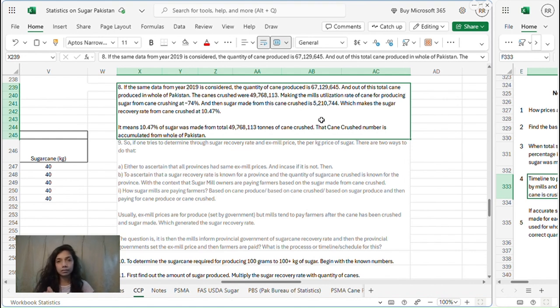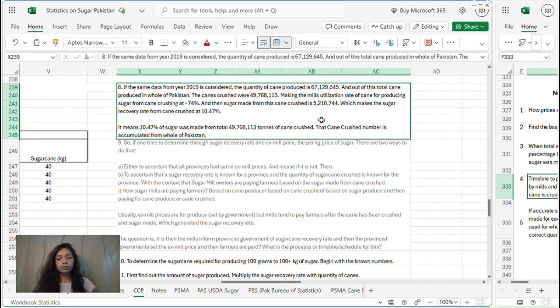But the correct reference to identify the sugar recovery rate would always be the second point. So this is sugarcane produced, and the second point is cane crushed, and then the sugar made from it, and then you derive the sugar recovery rate.